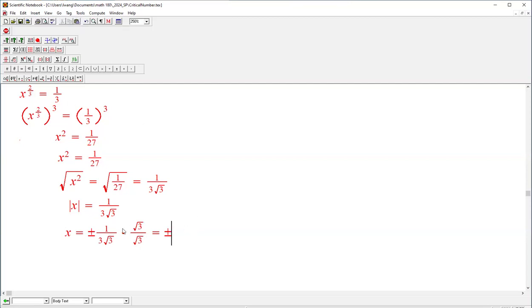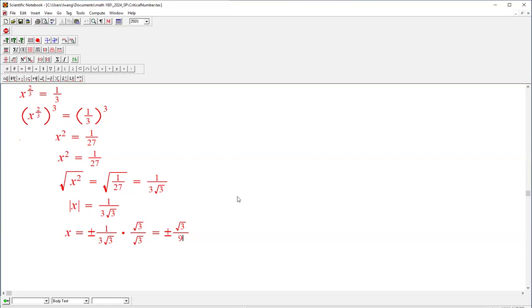The 3 times 3 makes 9, so in the end, you get root 3 over 9.